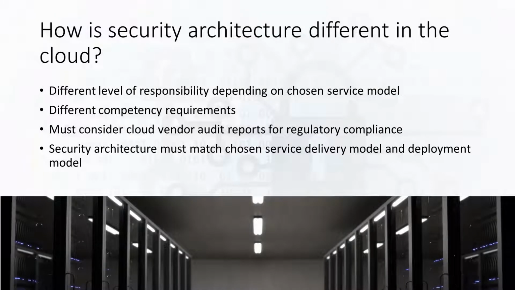So how is security architecture different in the cloud? Cloud services can be delivered in many flavors, in any combination of the service delivery models, such as software as a service, platform as a service, and infrastructure as a service, and the deployment models: public, private, hybrid, and community. You as a cloud customer are responsible for knowing how your cloud services work with respect to security.